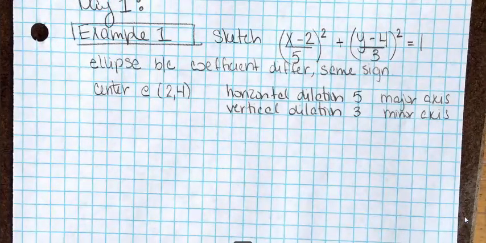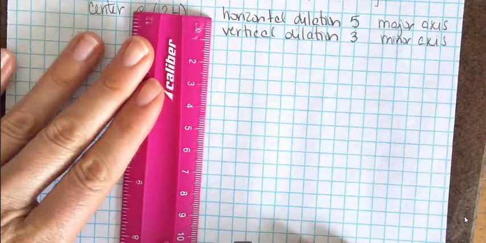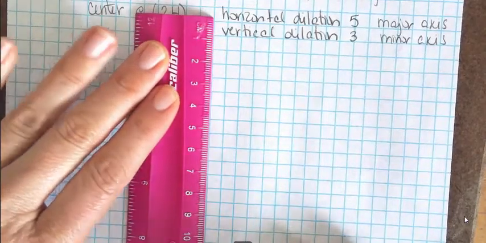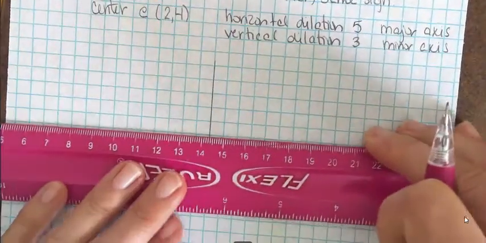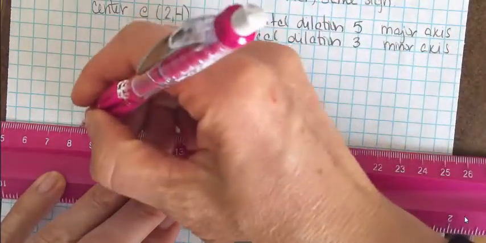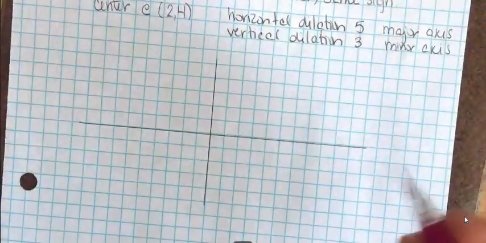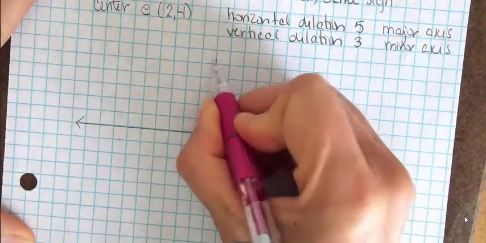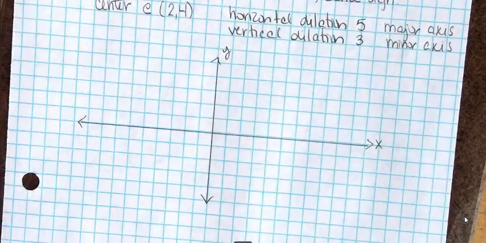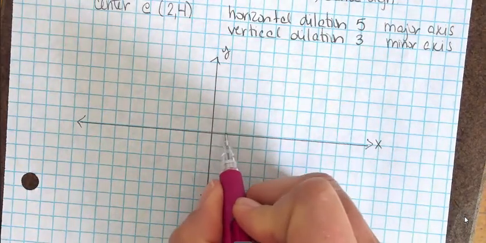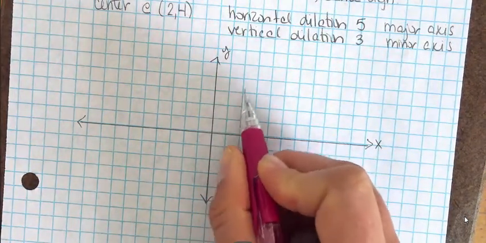And then I'm just going to go ahead and graph this thing. So let's see, where did I put my ruler? All right, so this is going to have to go up because it's been moved. So let's see. 2, and then 1, 2, 3, 4.